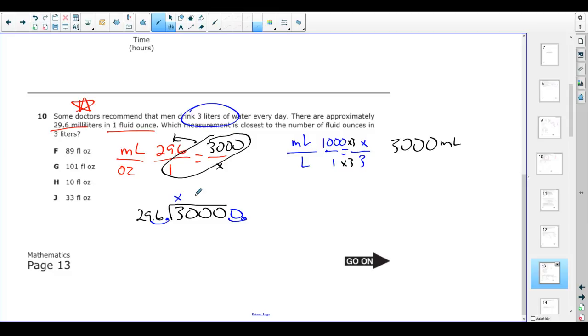It cannot go into 3. Can't go into 30, but it'll go into 300 just once, with 4 left over. 296 can't go into 40, so 0, but it can go into 400 one time. And this keeps going, but if we look at our answer choices, we can see 101 fluid ounces is the answer choice.